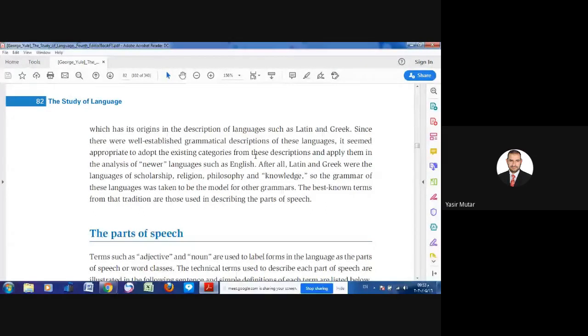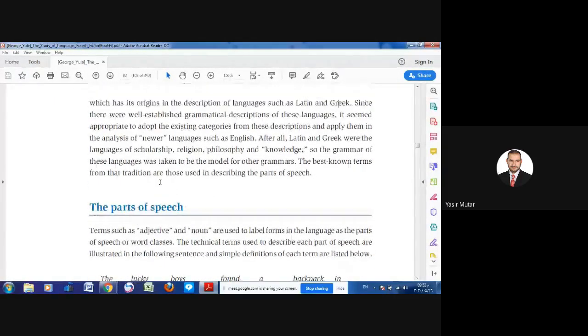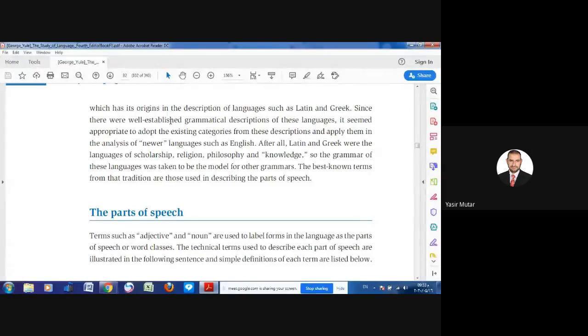In the case of English, we could say it is heavily affected by Latin and Greek. So all the coming descriptions are taken from Latin and Greek.